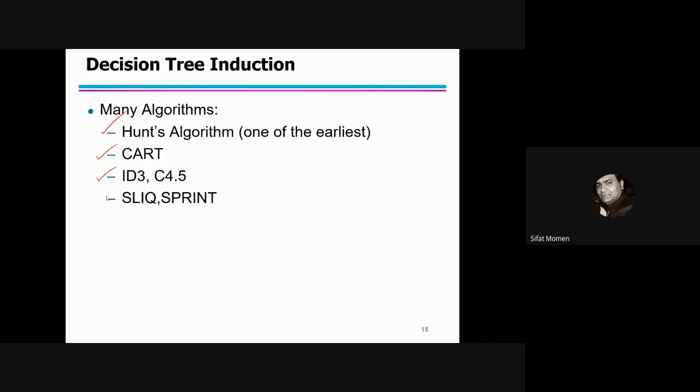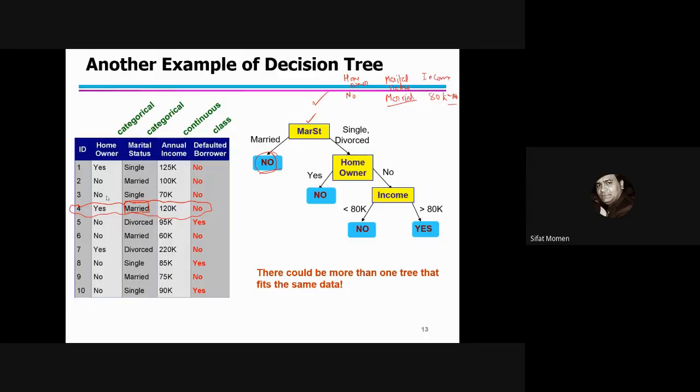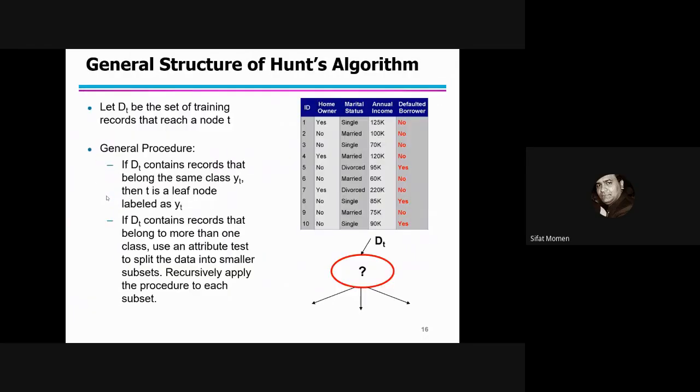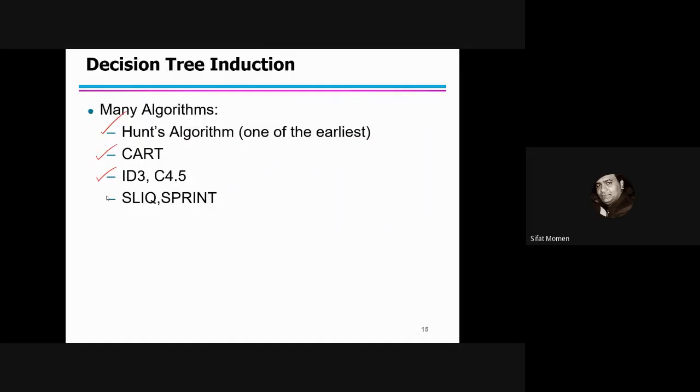Okay. So we're going to learn a particular algorithm, how to build this decision tree. That's why I said that you could have many different decision trees from the same training set. That's because it depends on which decision tree algorithm you're going to use. Is that okay? Yes. Okay. All right. Moving on.